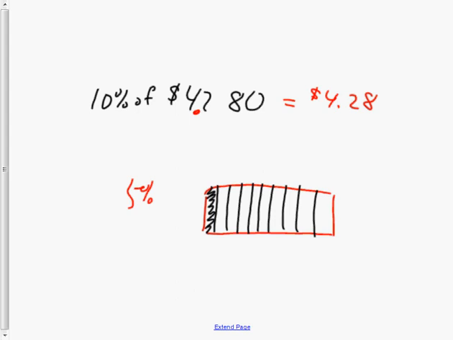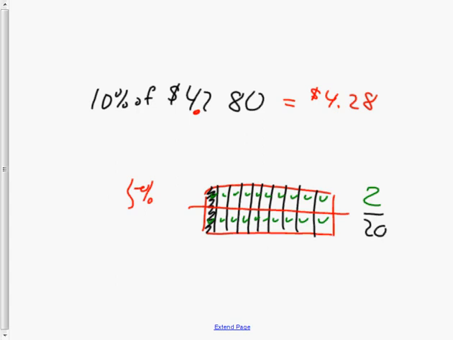If I was to cut 10% in half, as a fraction, there would be 20 parts. It would be 1, 2, 3, 4, 5, 6, 7, 8, 9, 10, and then 10 more. That would mean that there are 20 parts, and 2 of them are shaded in.